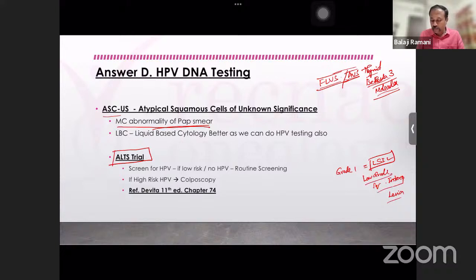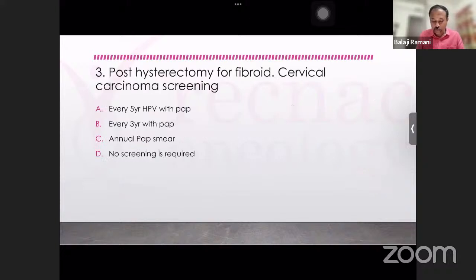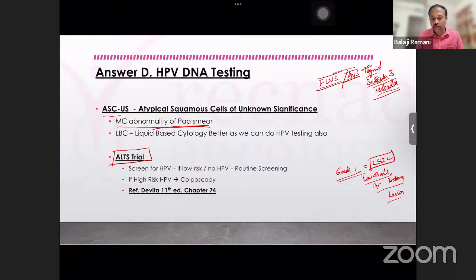This includes only the grade 1 pap smear abnormalities. Whenever you have your grade 2 or grade 3, both of them will be grouped together as HSIL. Now, when a patient is having an LSIL diagnosis, you can even observe the patient, follow the patient serially. All this you can do.